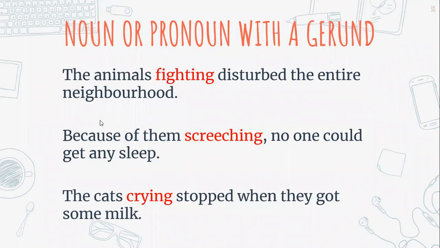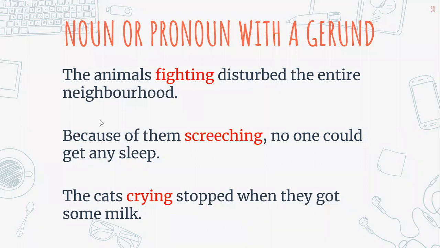Noun or pronoun with a gerund. The animals' fighting disturbed the entire neighborhood. Because of their screeching, no one could get any sleep. The cat's crying stopped when they got some milk. So here we have the ing forms of verbs, which we know are the gerund form.